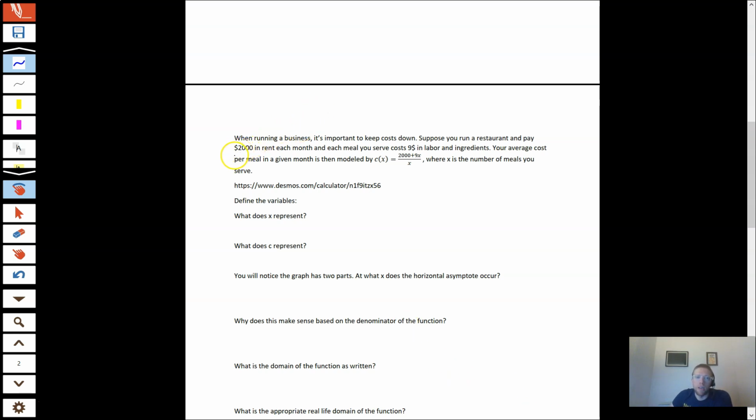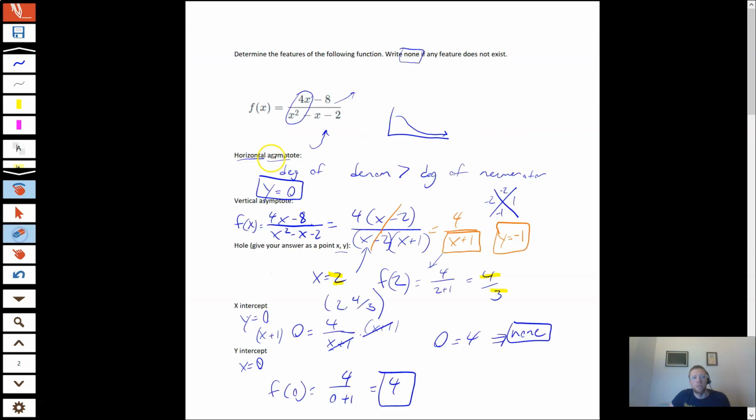And we pay $2,000 in rent each month, and each meal I serve costs $9 in labor and ingredients. Now, notice I don't actually have to do anything with those numbers, so I underline them. But actually my function's already given. So you wouldn't even necessarily need to read all that in this particular case.